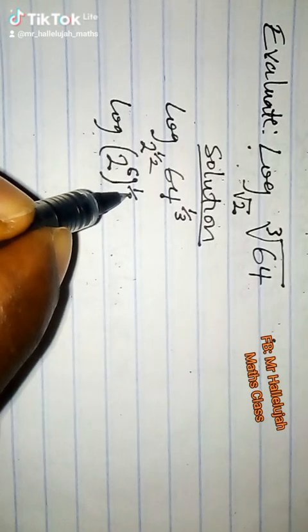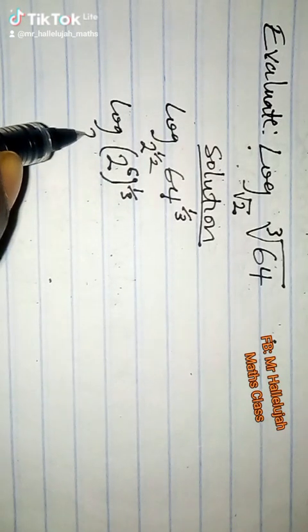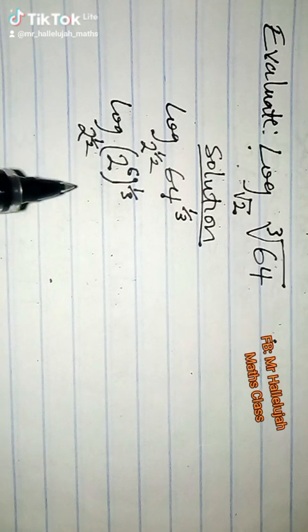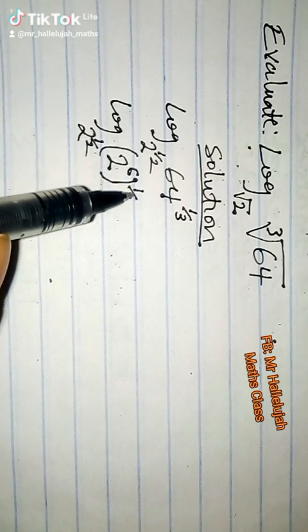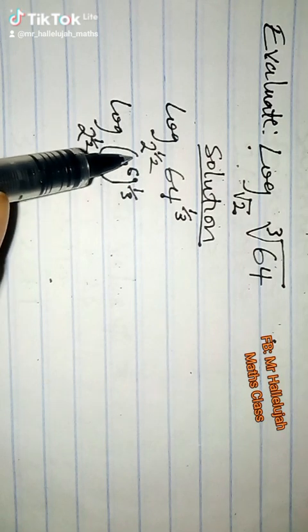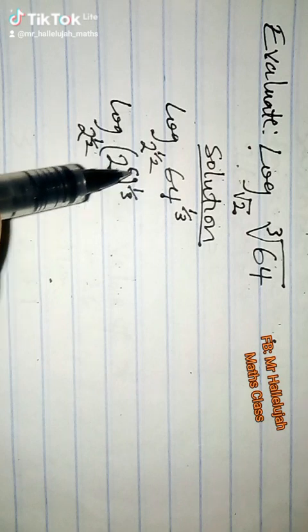Then we write our base, 2 raised to the power of 1 over 2. Now we know that both powers will multiply each other. 2 raised to the power of 6 multiplied by 1 over 3 will now be 2 raised to the power of 6 over 3, which will give us 2.